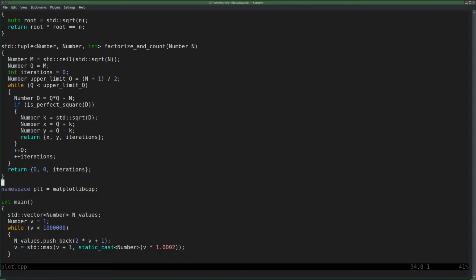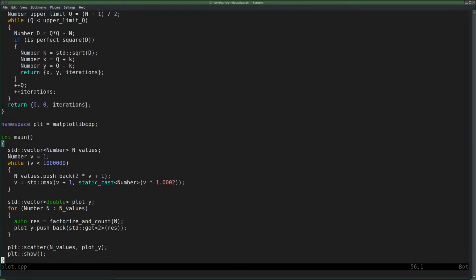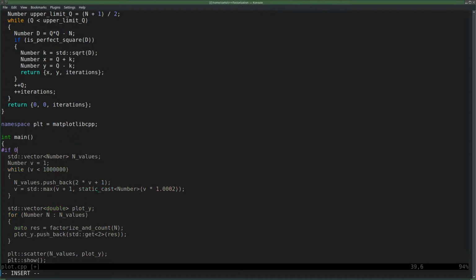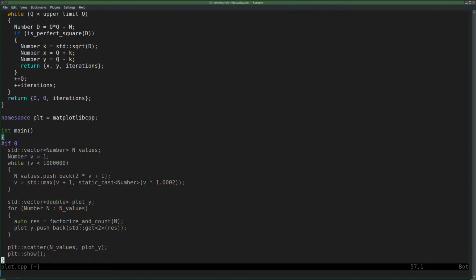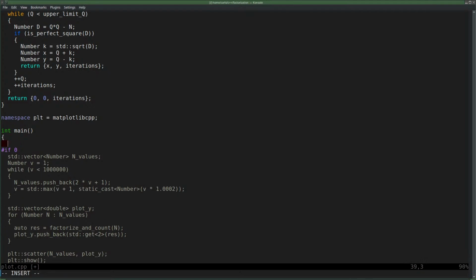Let's test this function first, because I just made it up, before we do any plotting. Better make sure that the function is working. Don't need any of that. I just want to know the result of it.